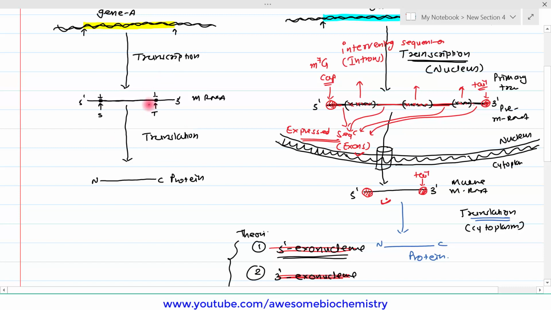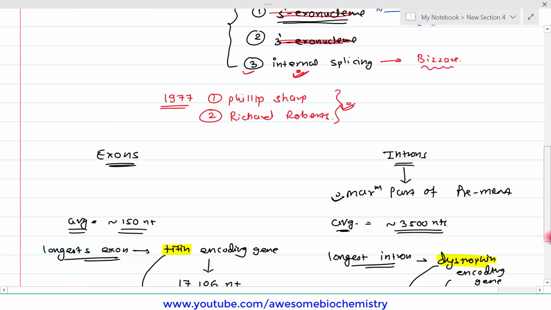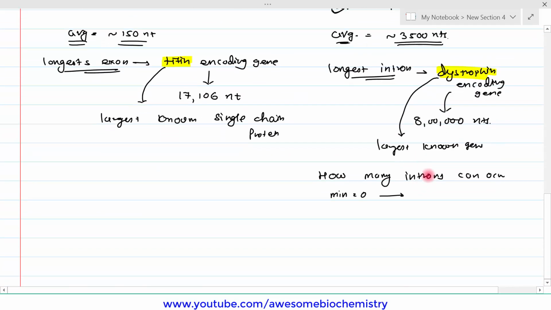No introns are there, so the full length of mRNA can encode the protein. An example of 0 introns is the histone gene. It doesn't contain any intron, whereas the maximum number of possible introns is 364.